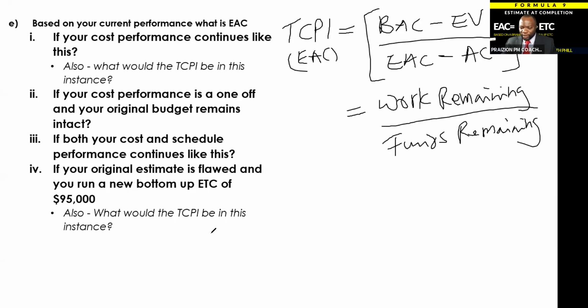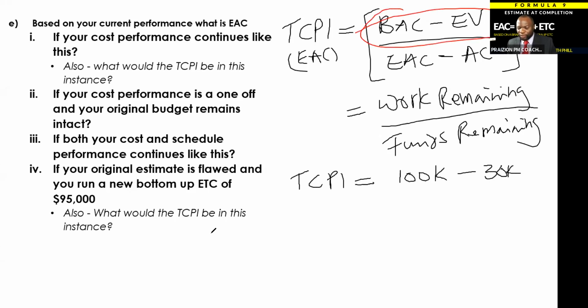So if we apply this, we get TCPI is equal to 100K minus the earned value of 30K. This piece right here is so helpful because we see BAC minus EV in a number of places. So that is 100K in dollars minus 30K in dollars, of course, divided by the EAC.